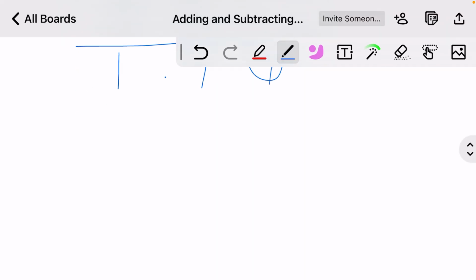Let's do another example. 32.23, and we're going to subtract. Let's get into some subtraction.